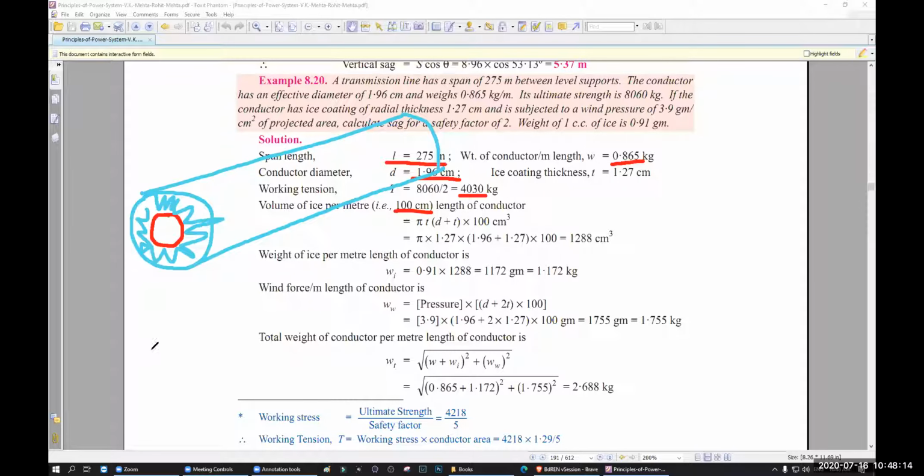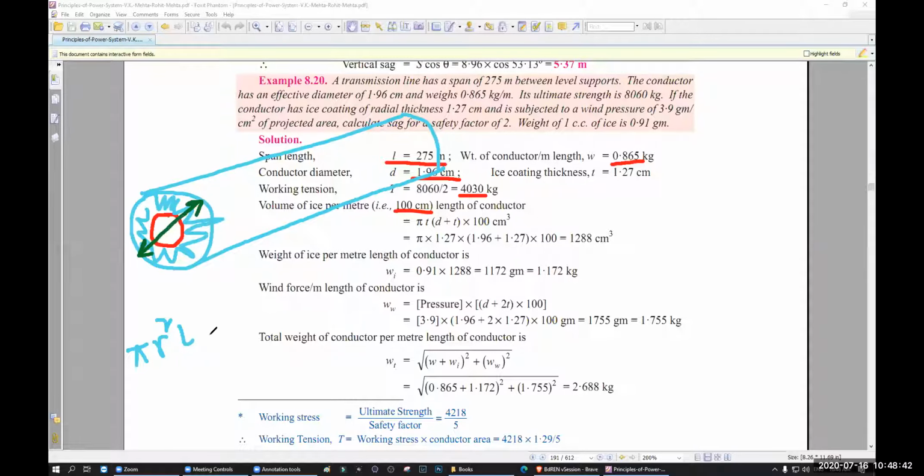Now how to calculate? The volume is pi r square l. Remember, this r is the total r.